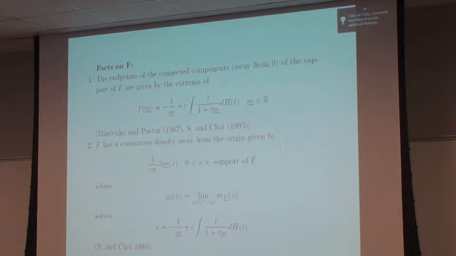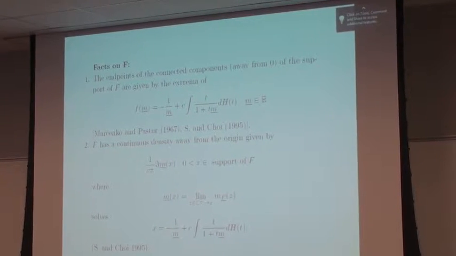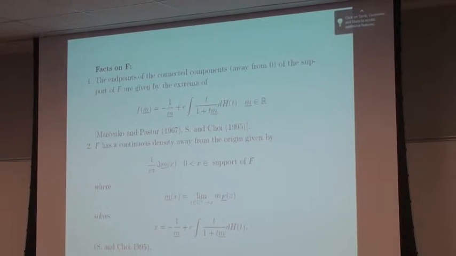This comes from the fact that, if you have any distribution function g, when z is on the real line and outside the support of the distribution, this is well defined.